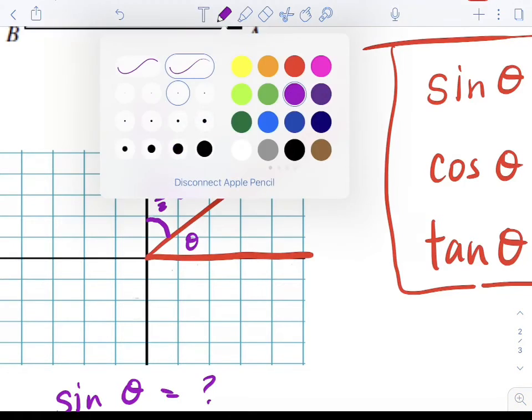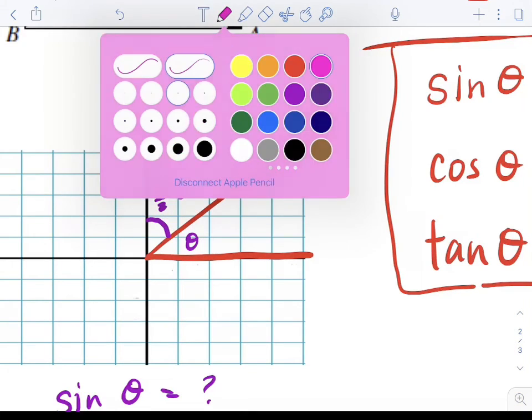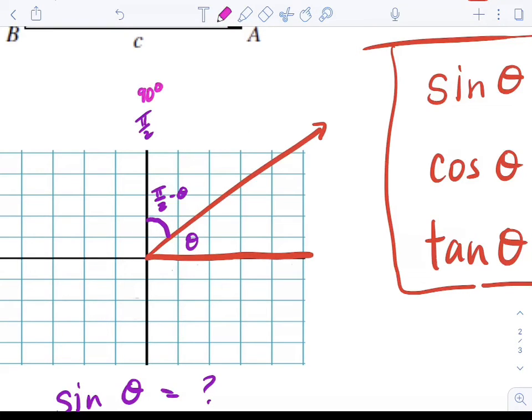Right? Why does that make sense? Well, if I think of it in terms of degrees, up here we have 90 degrees. Let's suppose our angle was, let's say 40 degrees, for example. That would mean the angle that we have up here is 50 degrees. Right? It would be 90 minus 40, which is 50 degrees. They have to add up to 90 degrees. So that's that 90 minus theta, 90 minus our related acute angle. That's how we get that value.